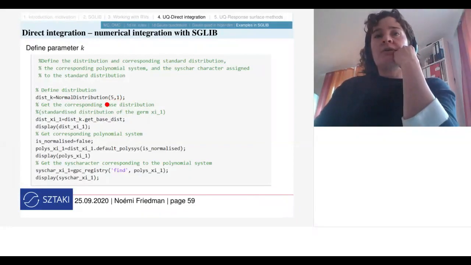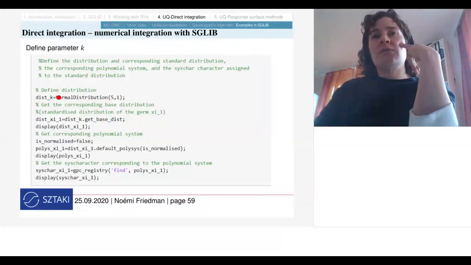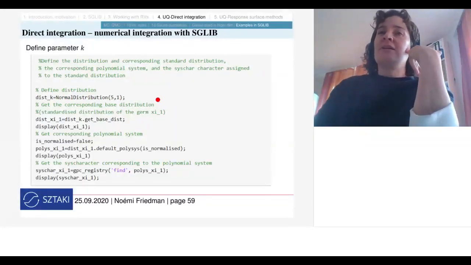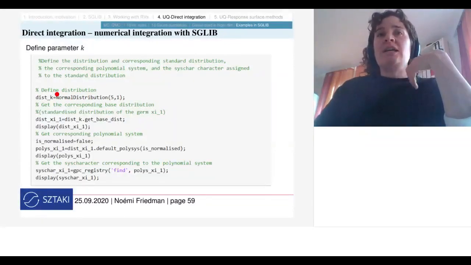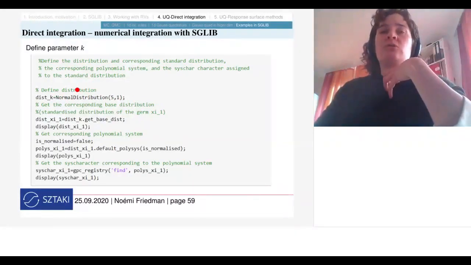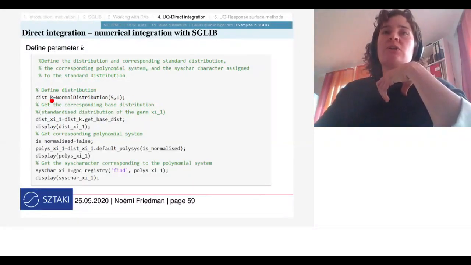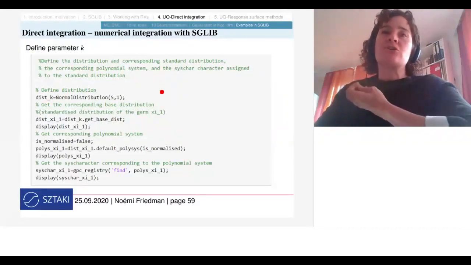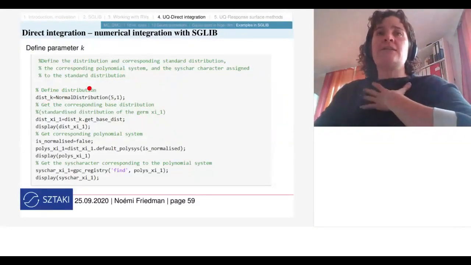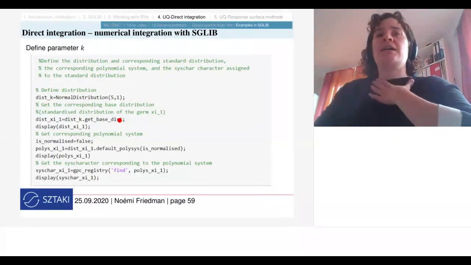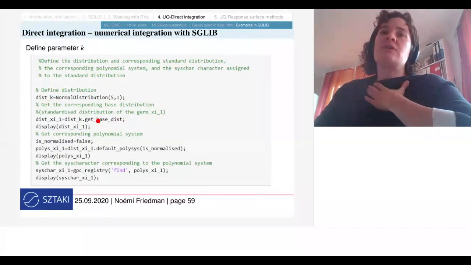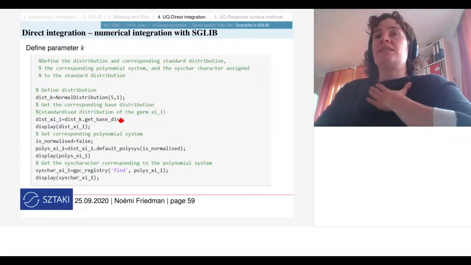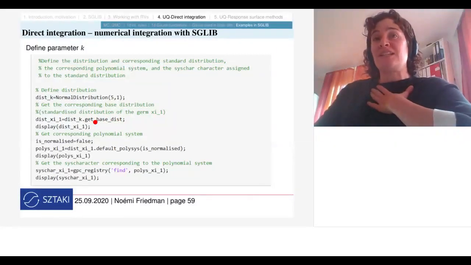So in order to go from the random variable k to something which has the standard distribution, it's the same way you do with finite element methods: this random variable should be mapped to some reference random variable. And this reference random variable has this so-called Bayes distribution. And all the integration rules are applied for these Bayes distributions, okay? It supposes that your input random variable has this basic distribution.